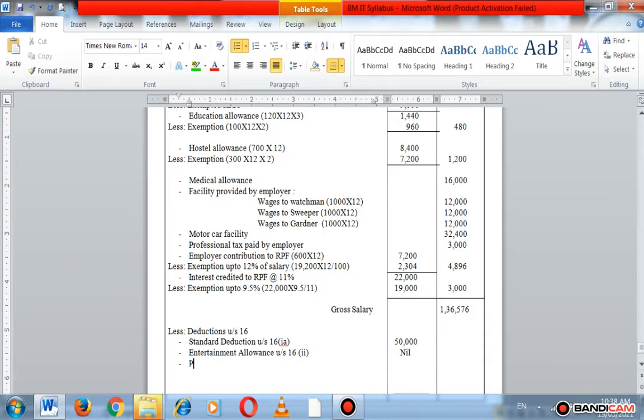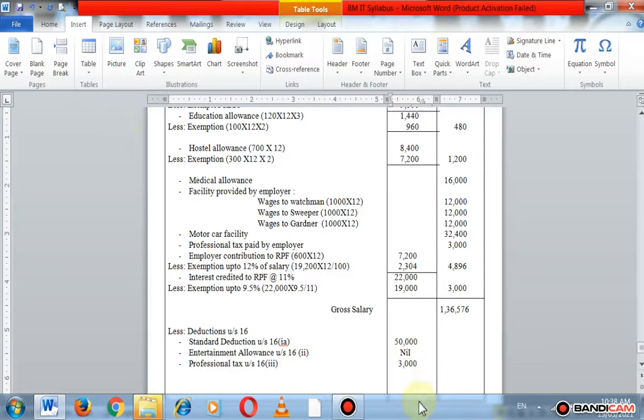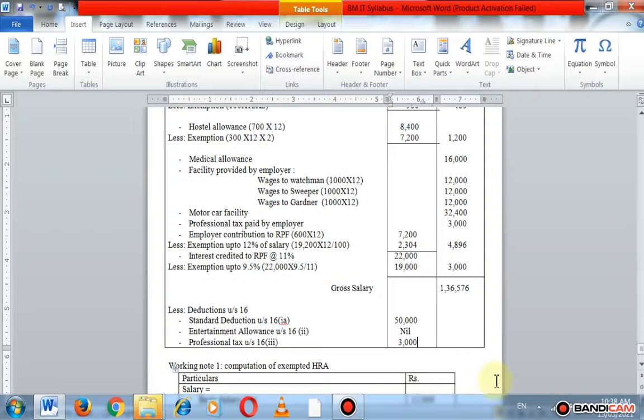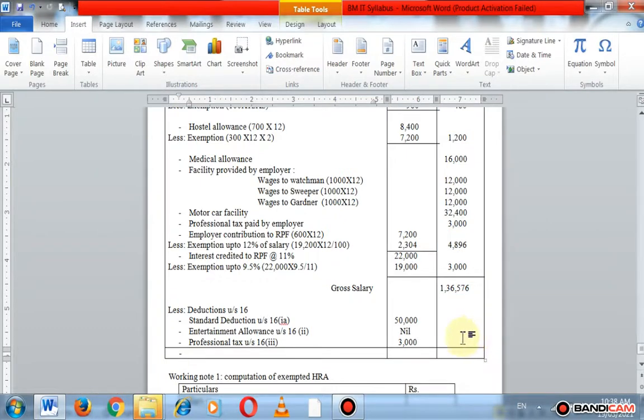Then professional tax under section 16(iii) is rupees 3,000. Now the total deduction is 53,000.